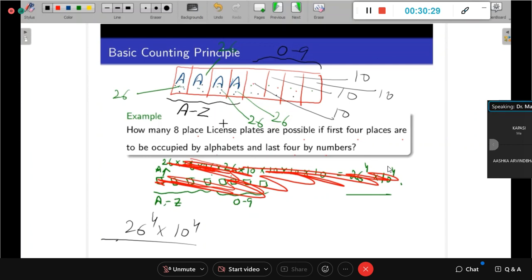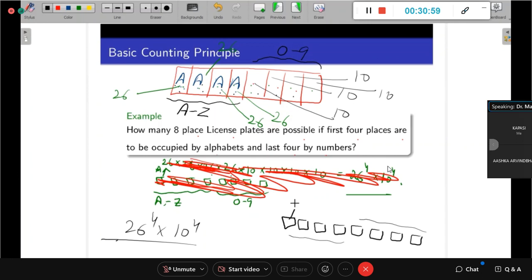If you want to create a plate with 8 places, 1 2 3 4 5 6 7 8, it is sure that the first 4 places should be occupied by alphabets and the last 4 places by numbers. But repetition of alphabet or repetition of number is not allowed.